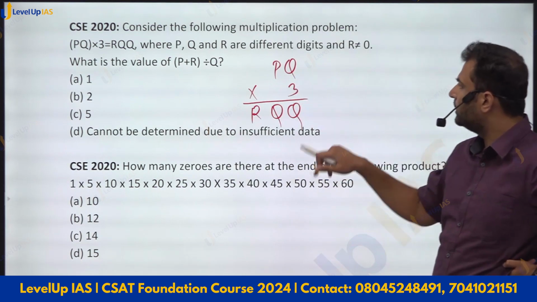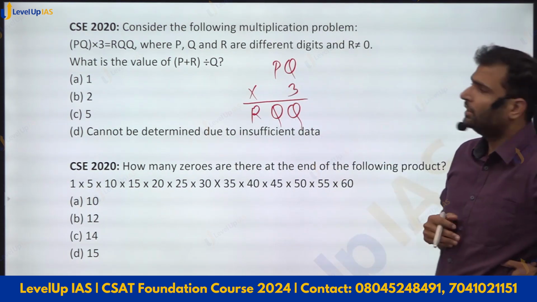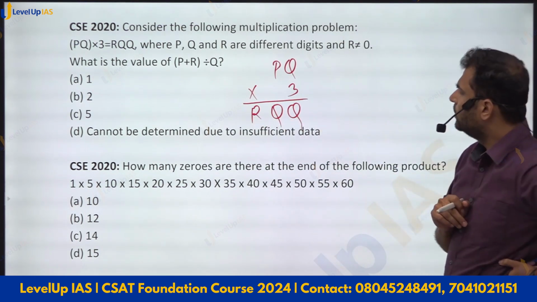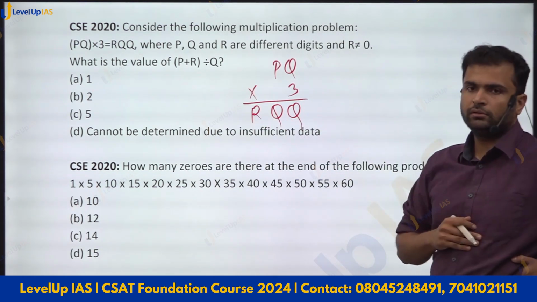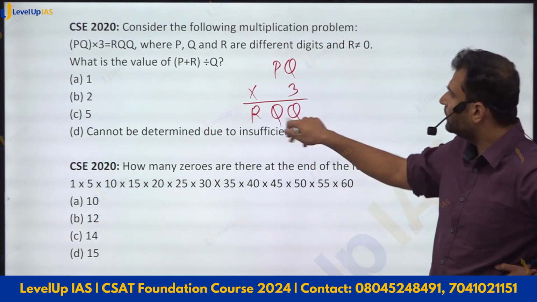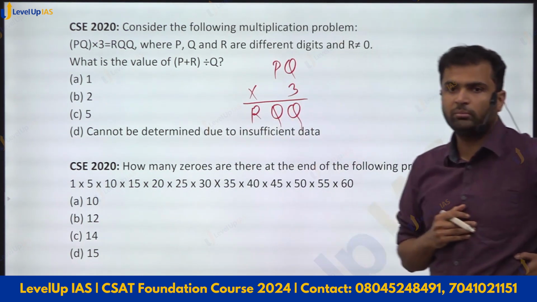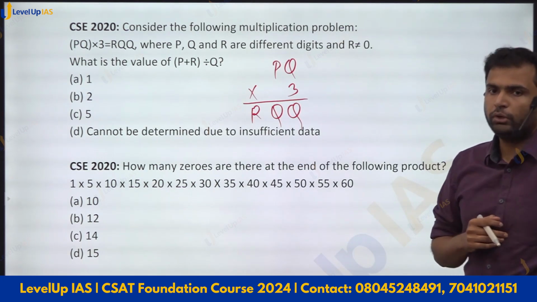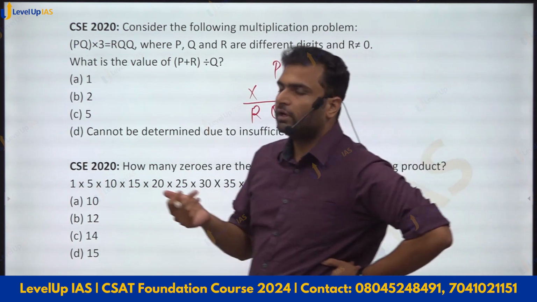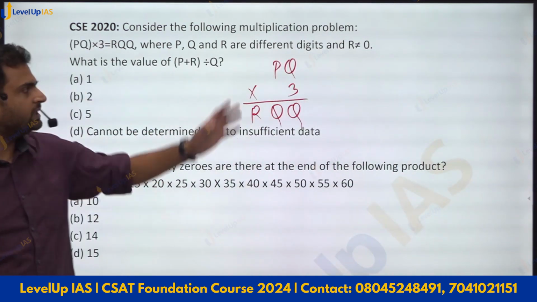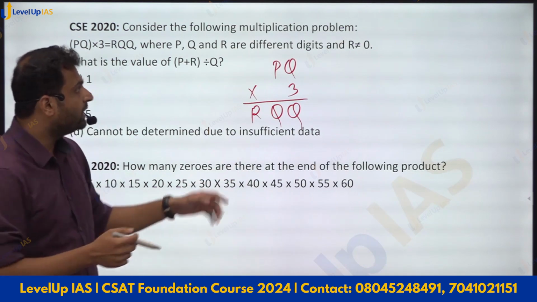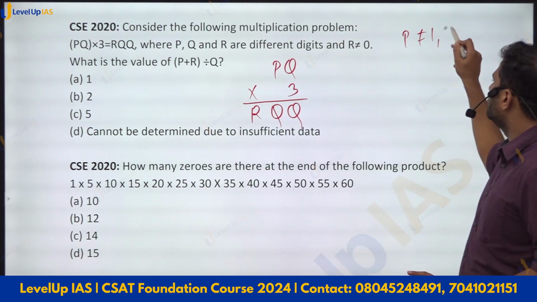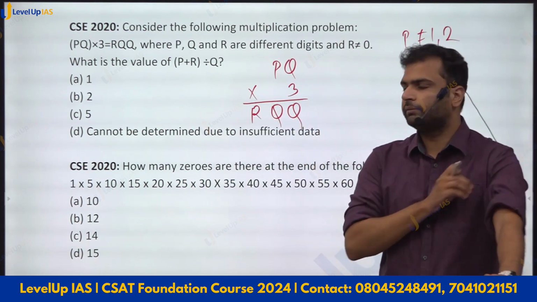And PQ is such a 2-digit number that when we multiply it by 3, we get a 3-digit number. So can P be 1? Definitely not, because when multiplying by 3 we have to get a 3-digit number. Can P be 2? No. Can P be 3? Possible, because 34 into 3 is a 3-digit number. So P cannot be 1 or 2, because we want a 3-digit number here.